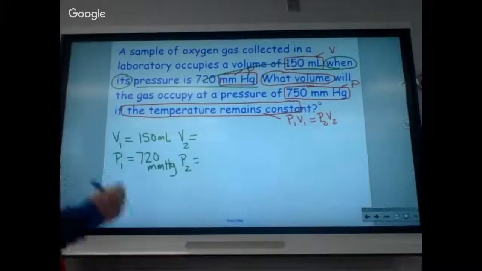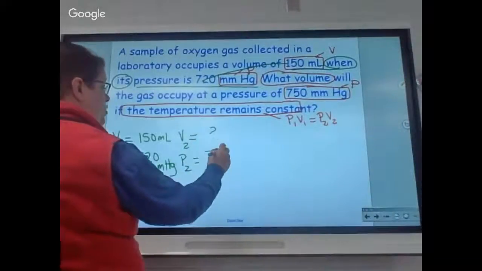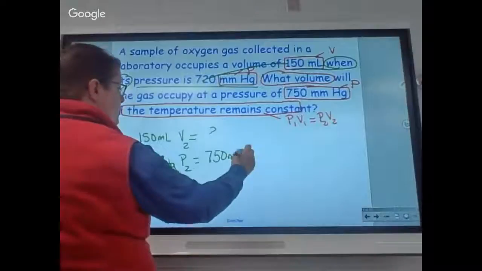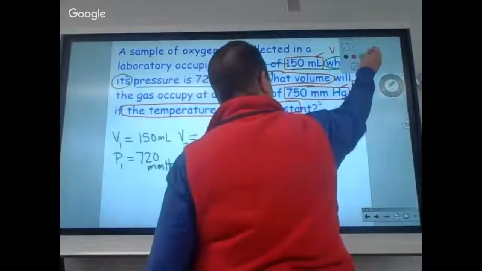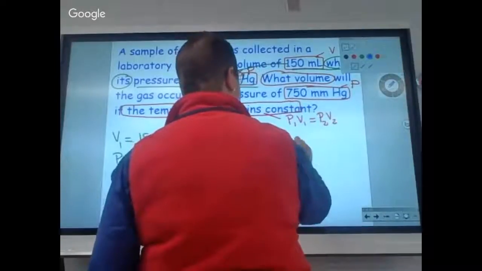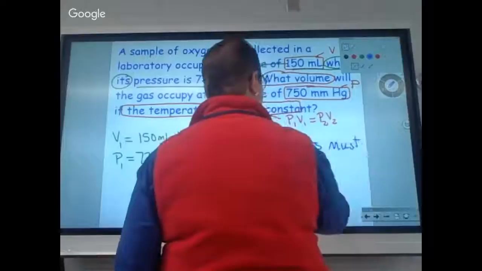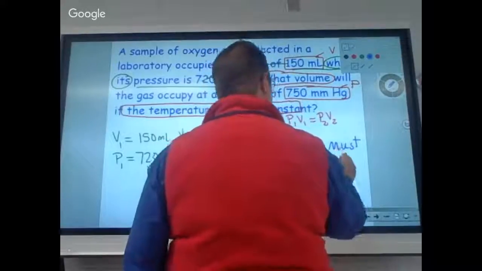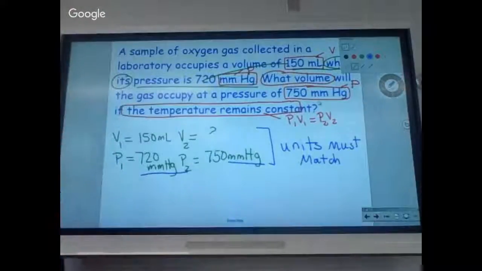Now, what is the volume? It can be V2, and the 750 mmHg can be P2. Now, when you're done with that, the units must match. As long as these units match, you're good to go to plug in.